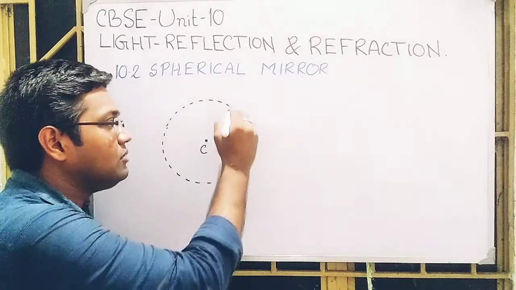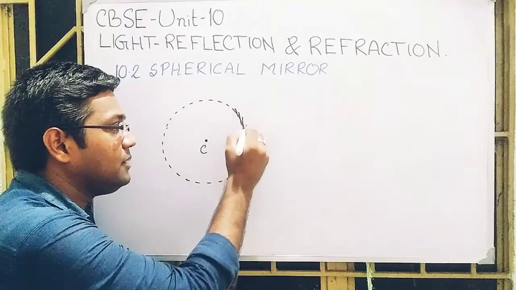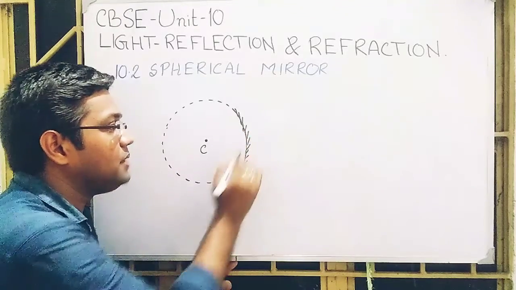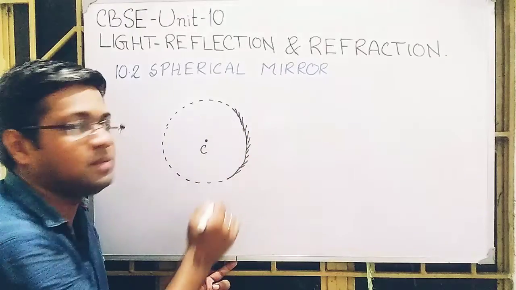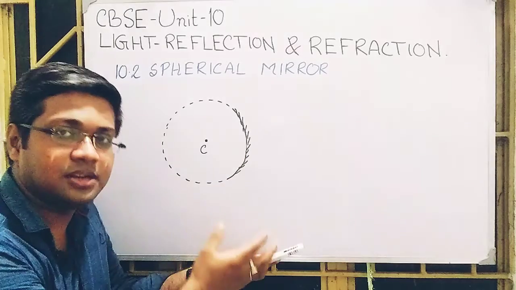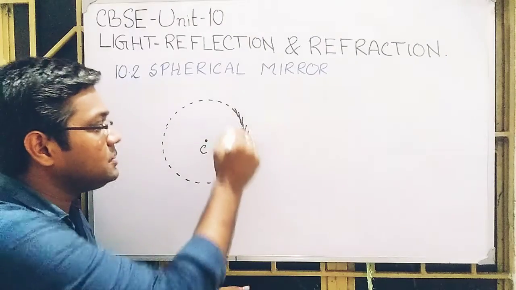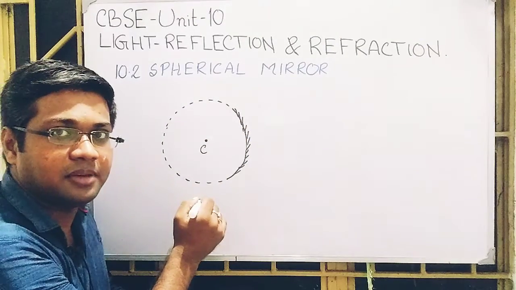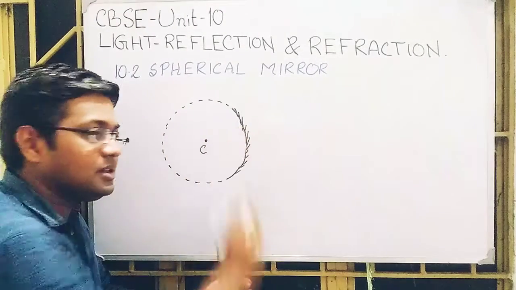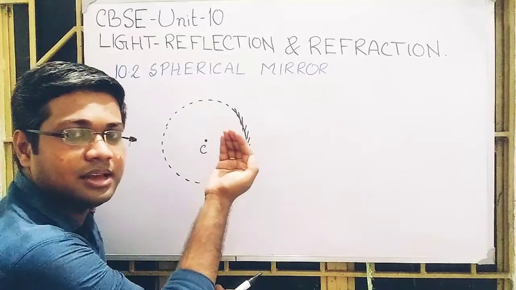Now, if I make a spherical mirror, a mirror which is part of this sphere, or in other words we can say this mirror is a part of the sphere of center C. So this mirror is called the spherical mirror, which is bent inward like this way, like my hand, it is bent inward.